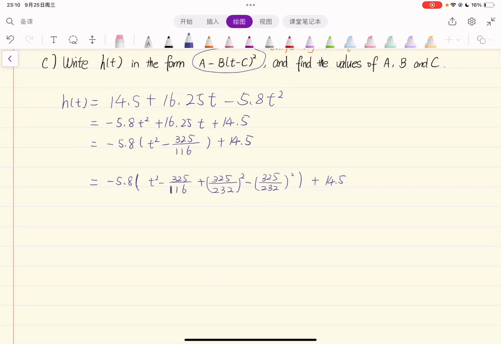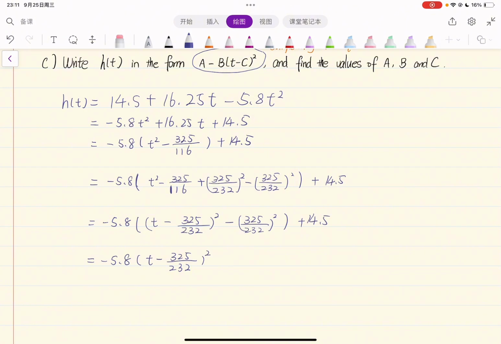So what we have equals minus 5.8 times (t minus 325 over 232) squared, and minus (325 over 232) squared. Yeah, plus 14.5, and take the square of 325 over 232 out. That times minus 5.8. So we have minus 5.8 times (t minus 325 over 232) squared.